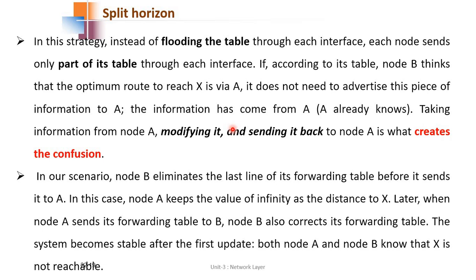As we saw in the first example, I have a connection to device A, router A and router B. I'm the source, so I'll take my name as S. By mistake, the router A link has been broken, so there is no connection between device S and router A. I am supposed to update this information myself in my table: there is no connection between S and A, so I make the distance value infinity.